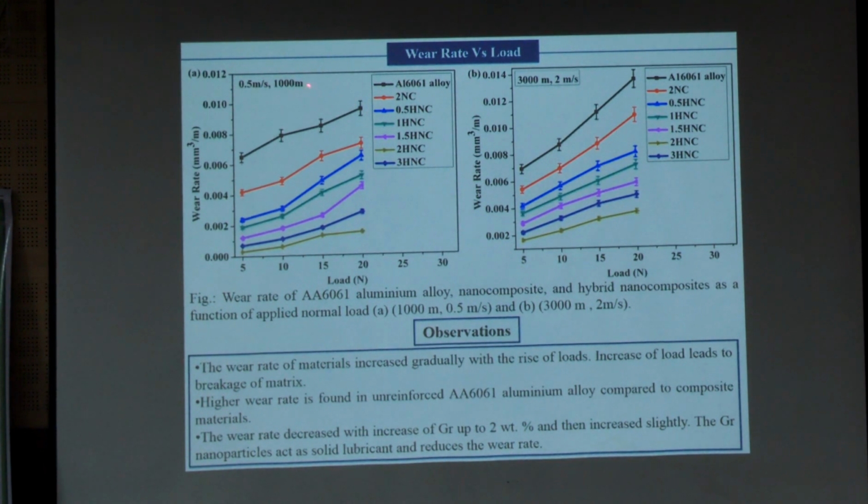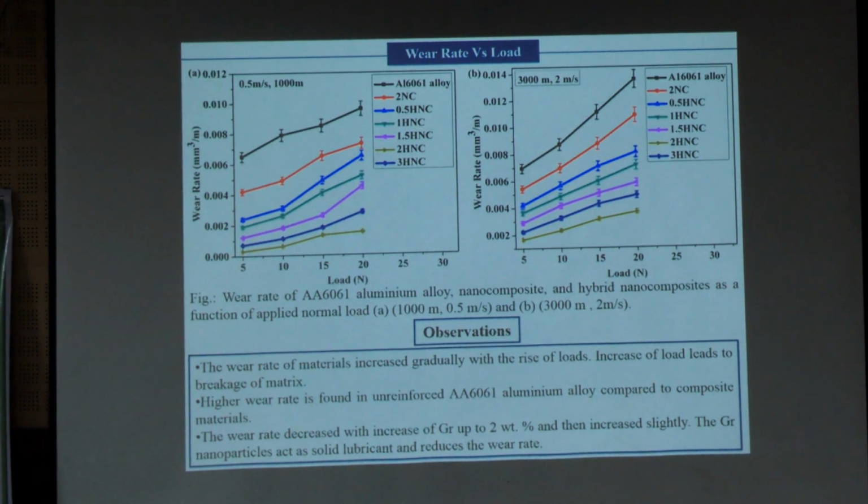These three are the variables: load, speed and distance. Distance is nothing but time, if you run more time the distance is more. So this is the lowest condition and this is the highest condition. In both cases we are getting 2 HNC as the better one.